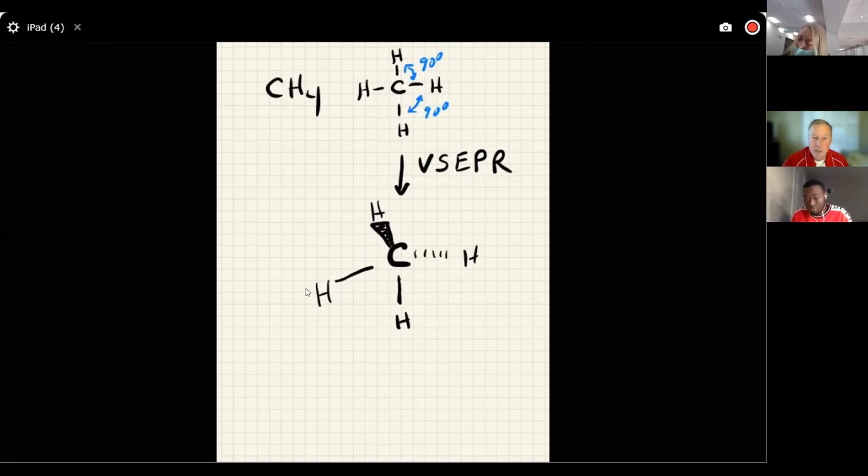If you draw a straight line, these are in the plane of the paper. If you were to measure these angles, you would find that all of these angles now are 109 degrees. That's a tetrahedron.